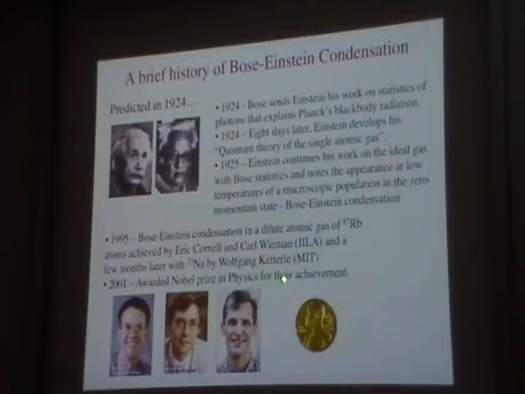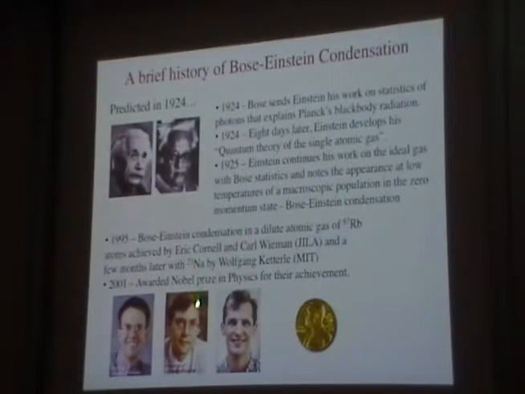And a few months later, Wolfgang Ketterle at MIT realized a Bose-Einstein condensate of a gas of sodium-23 atoms. And there was a lot of progress after that, a lot of experiments, a lot of groups joining in, which resulted in the 2001 Nobel Prize in Physics being awarded to these three guys for their achievement back in 1995.